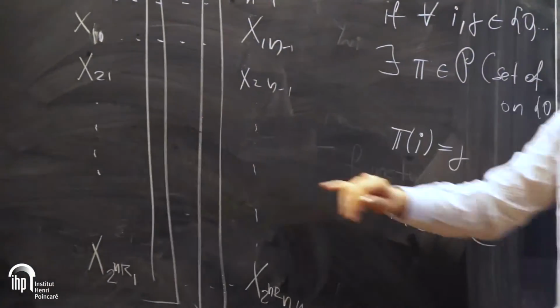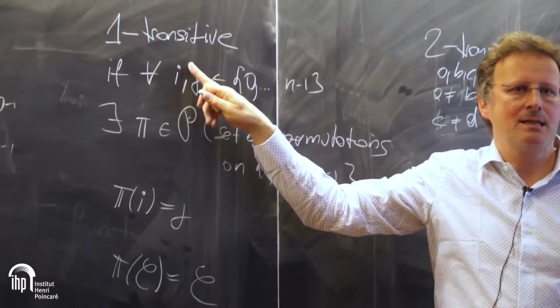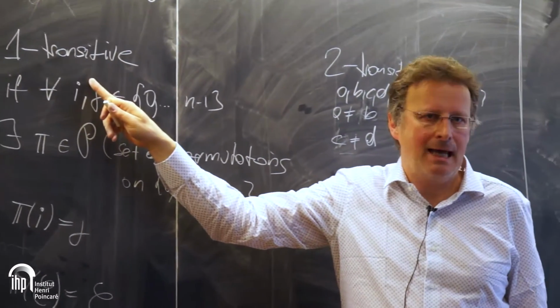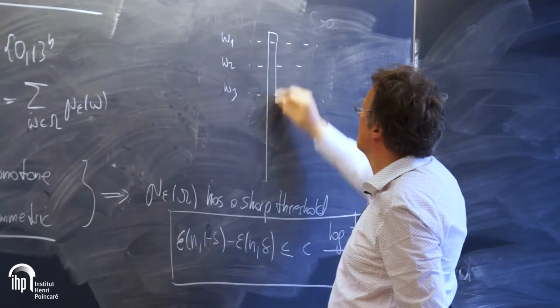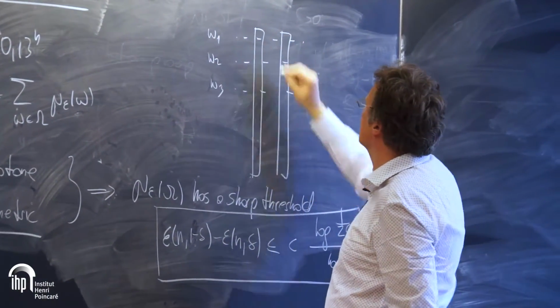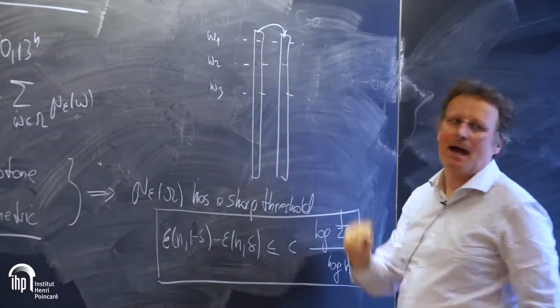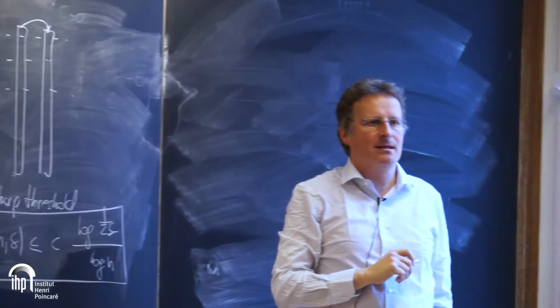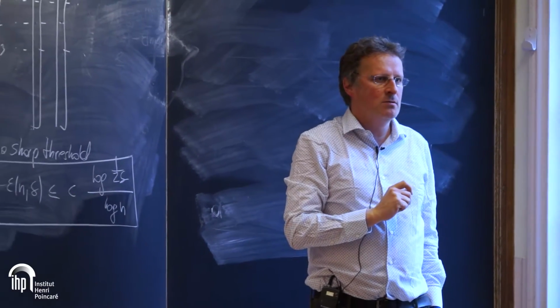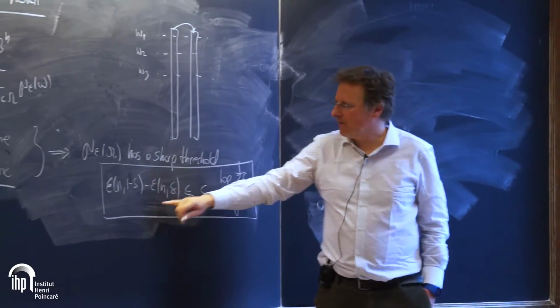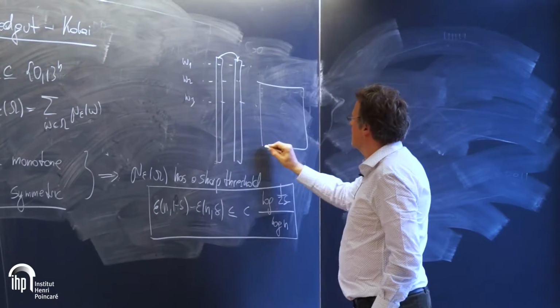So symmetric just means exactly this, one transitivity, right? Again, you have to write down here the columns, and there must exist a permutation for any i, j that maps the i to a j and keeps the subset invariant, okay? So if these two conditions are true, then this has a sharp threshold. So the picture is again the one we had.